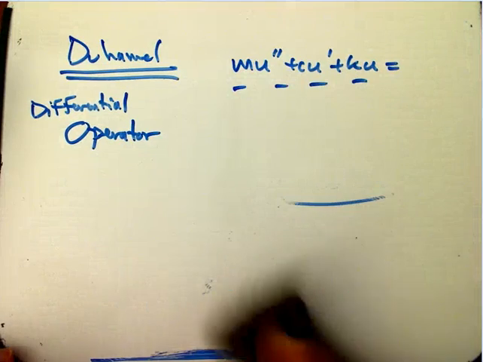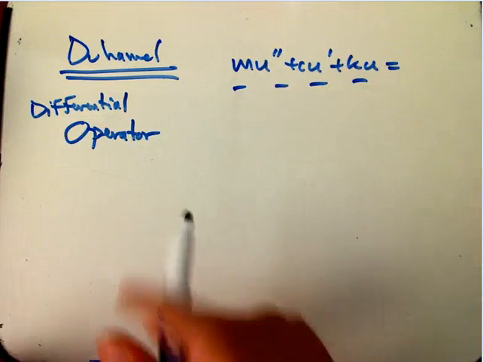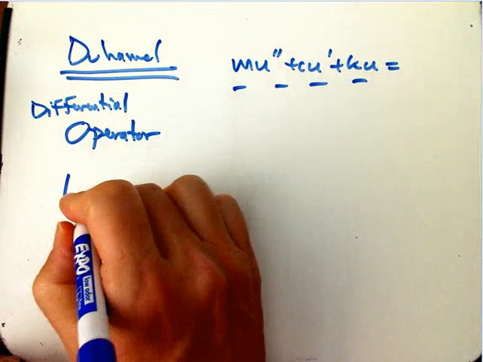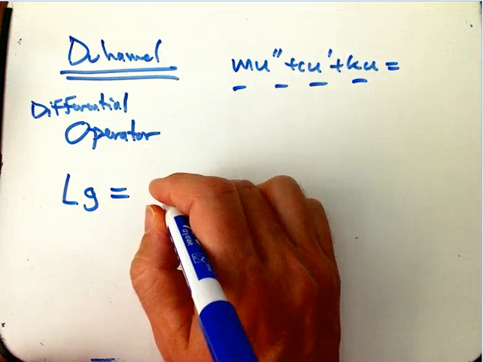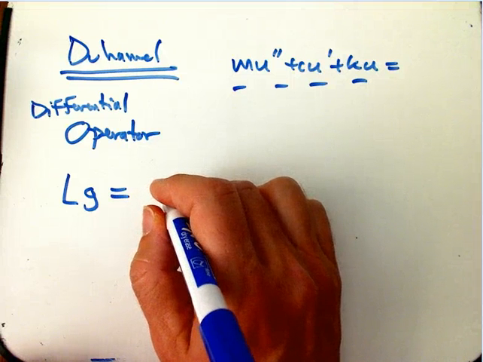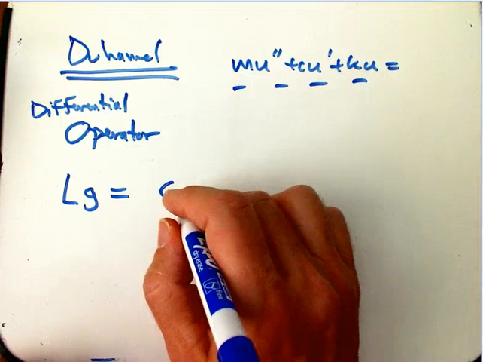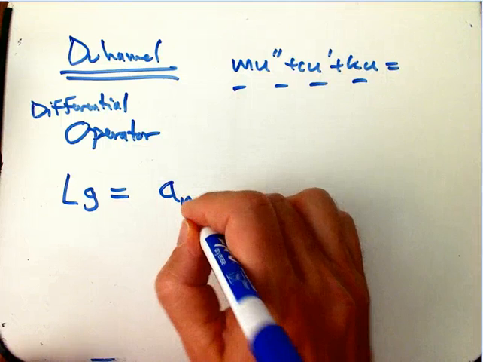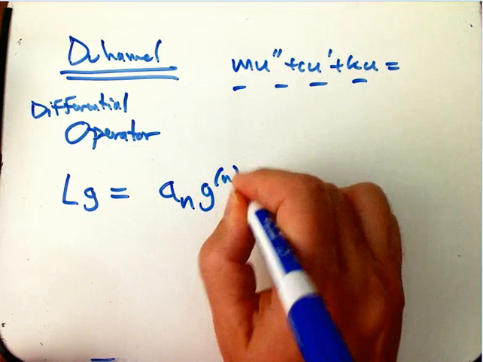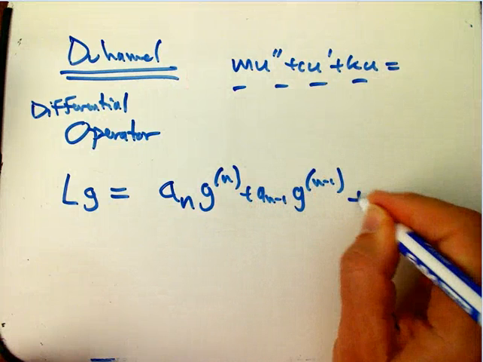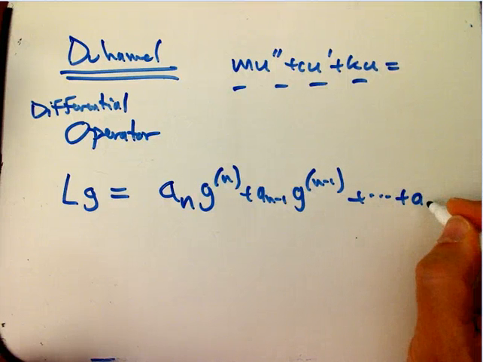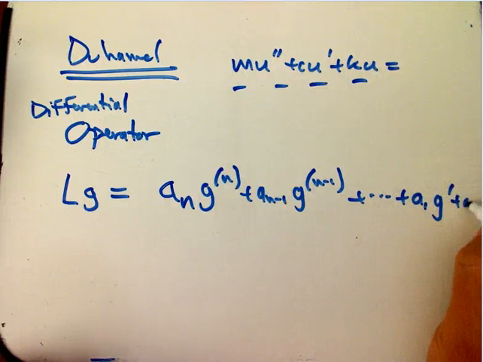Okay, so in general, Lg is going to be something like, I guess I had a sub n times g nth derivative, plus a sub n minus 1 times the n minus first derivative, plus down to a1 g prime plus a naught g.